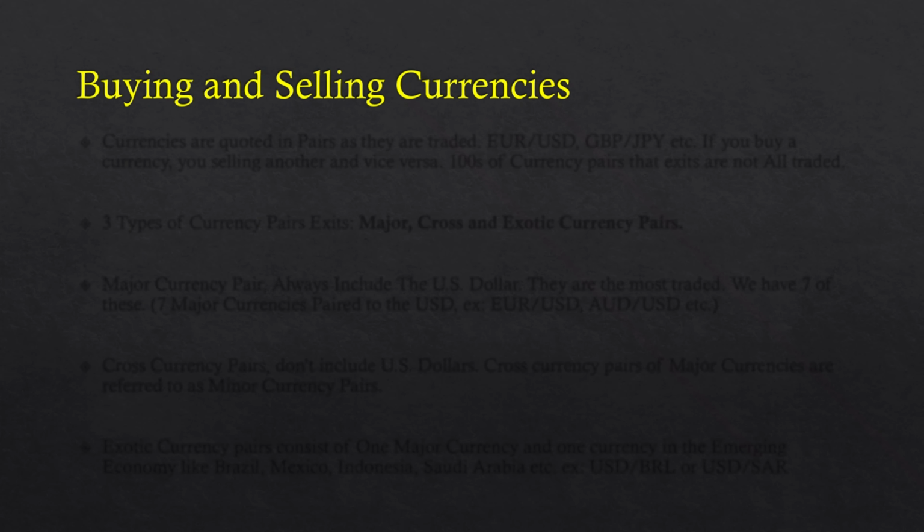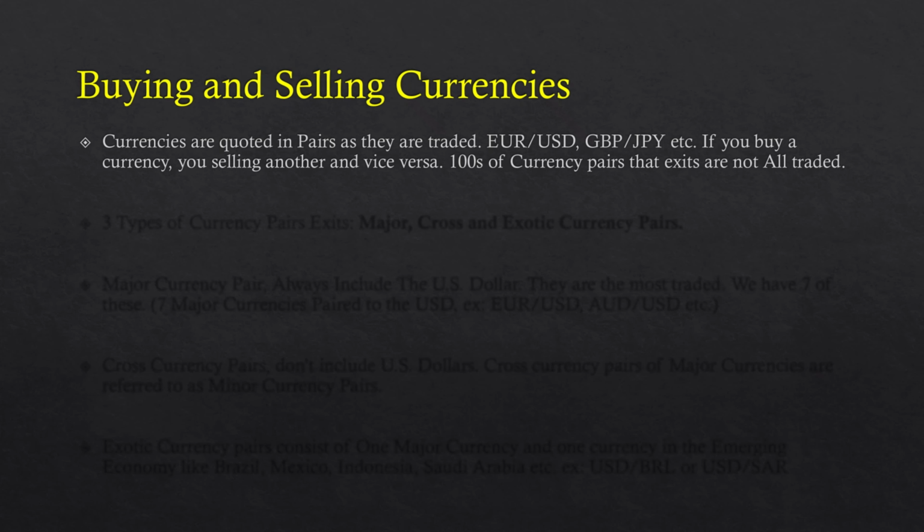Let's talk a little bit about how currencies are bought or sold. Currencies are quoted in pairs, for example EUR/USD or GBP/JPY, meaning Great Britain pound to Japanese yen. This means that if you buy one currency, you are eventually selling the other. Though there are hundreds of currency pairs, not all of them are traded in the Forex market.